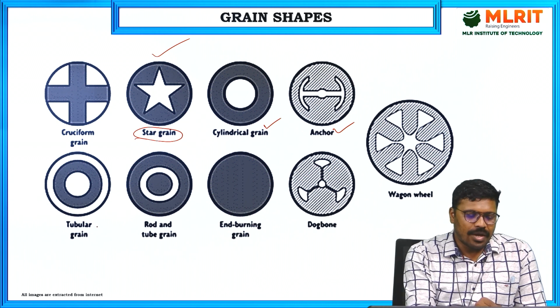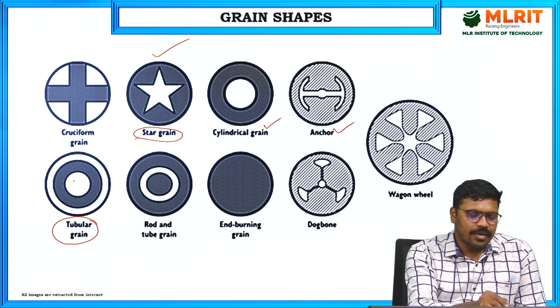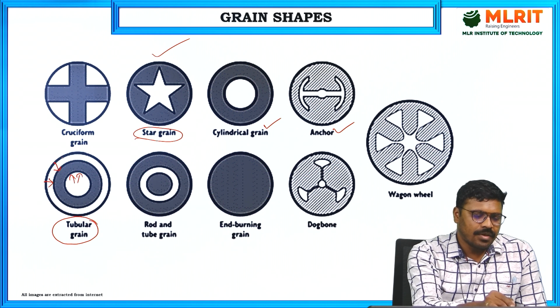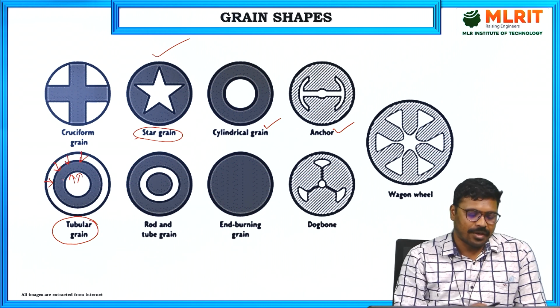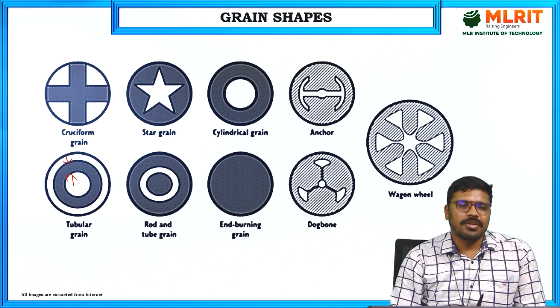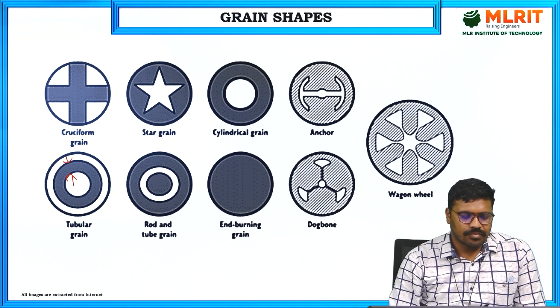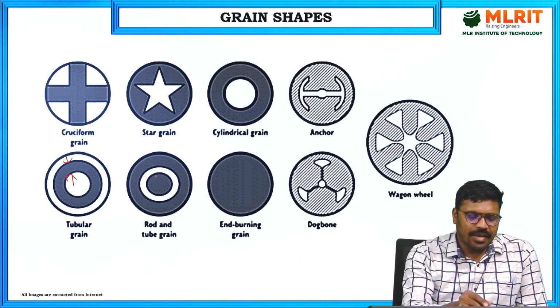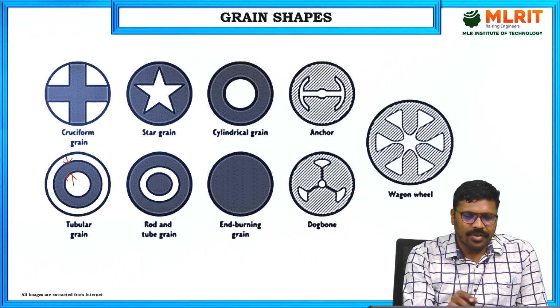Next, tubular grain. The propellant burns from the inner surface and also from the outer surface. So you have a cavity inside and outside of the propellant grain. Both the inner surface and outer surface are exposed to the combustion heat. And here you can see another type of grain shape, that is rod and tube grain.